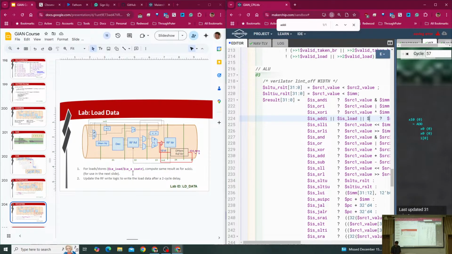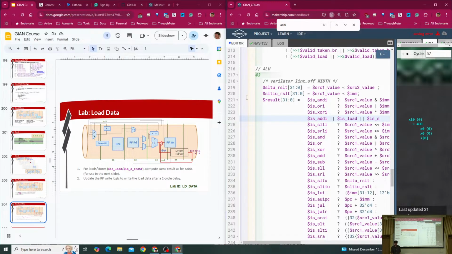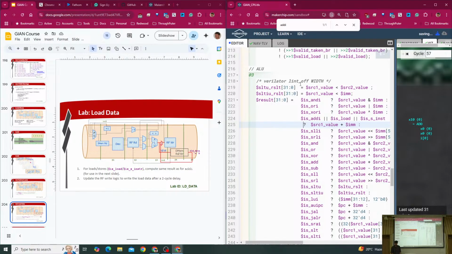What is it? Is store. And I don't know why they're named that. Then we want to compute source 1 plus immediate. Okay, so that's it for that one. I'll give you a couple more minutes to work on the second step.